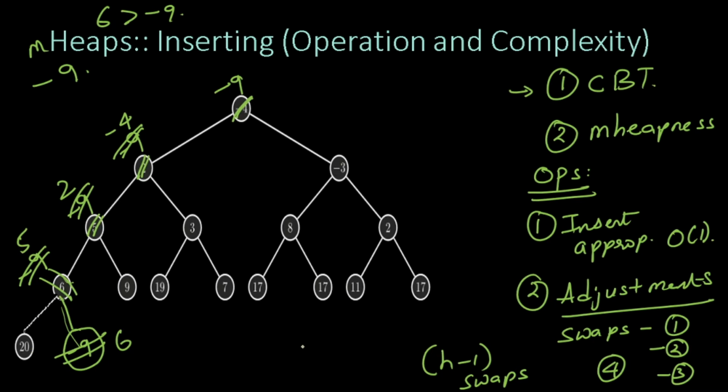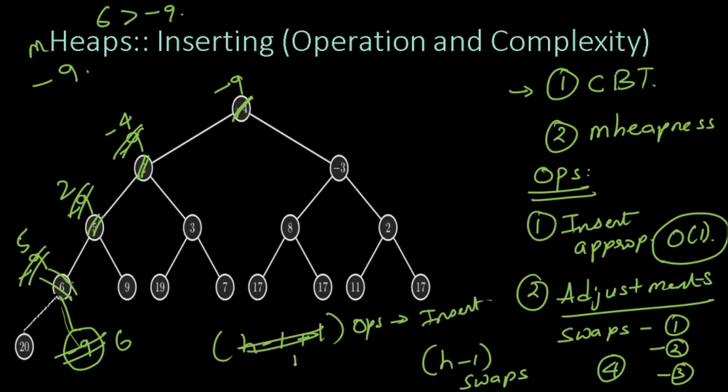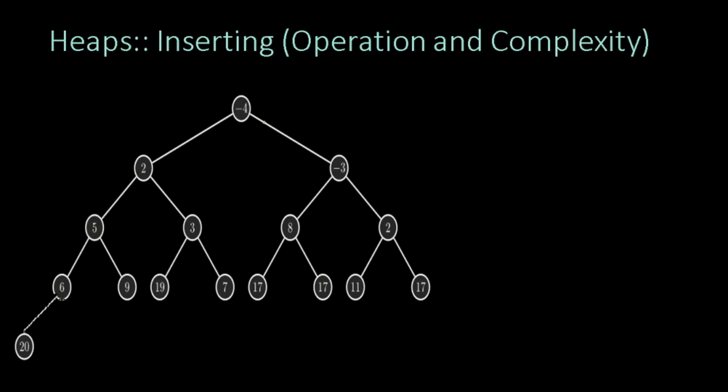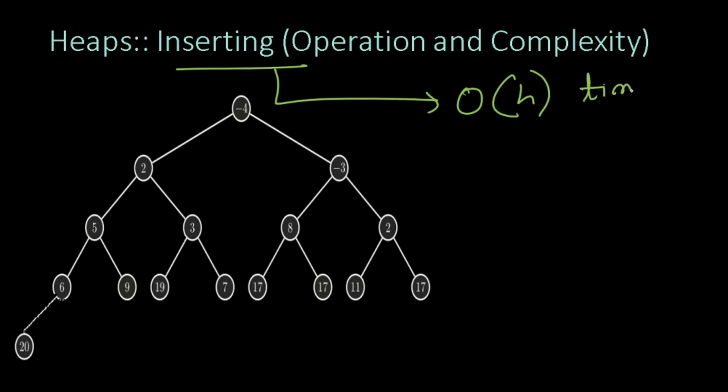So it took us h - 1 plus this one operation, so h operations to insert. So we were able to perform insertion in order of h. This is the worst case, order of h time complexity.